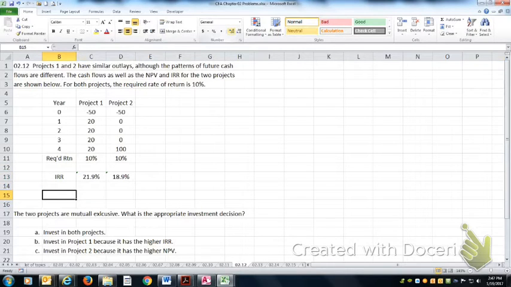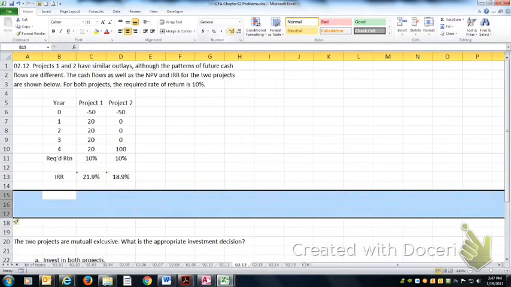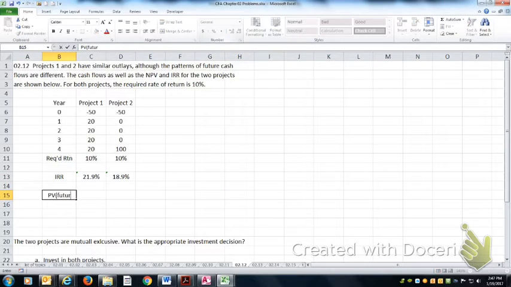To calculate the NPVs, I need the present value of the future cash flows. So that would be NPV at a 10% required rate of return. It's the present value of the future cash flows: 63.40 for project 1, 68.30 for project 2.